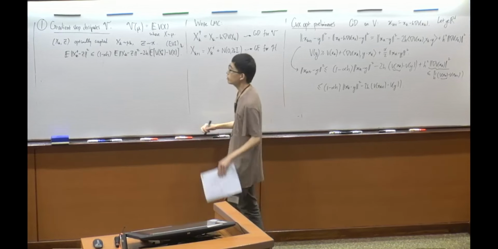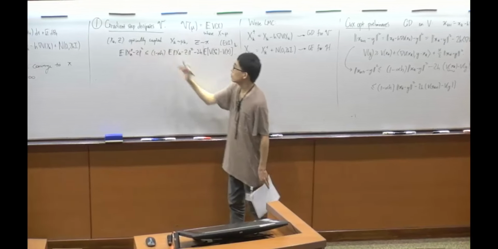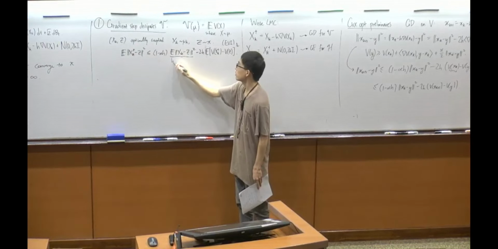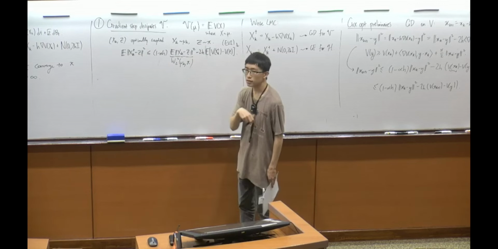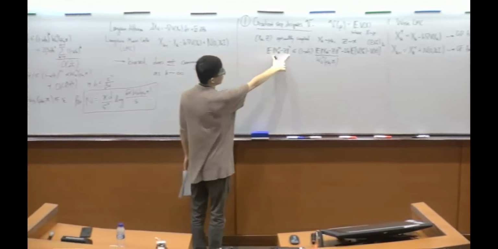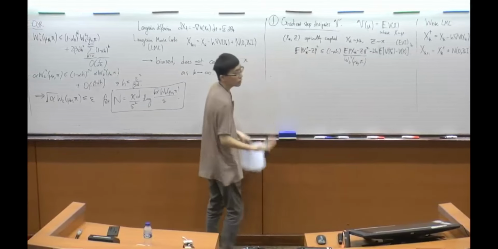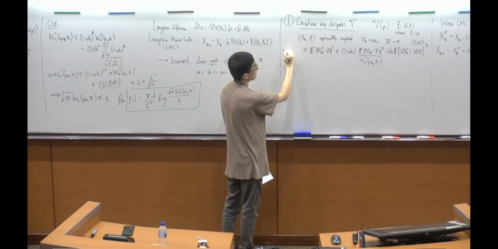Now we can interpret these terms. I chose X_k and Z to be coupled optimally, so this is just the Wasserstein distance between mu_k and pi. Good. Over here, X_k^+ and Z might not be optimally coupled, but at least it's a suboptimal coupling, so this upper bounds the Wasserstein distance.